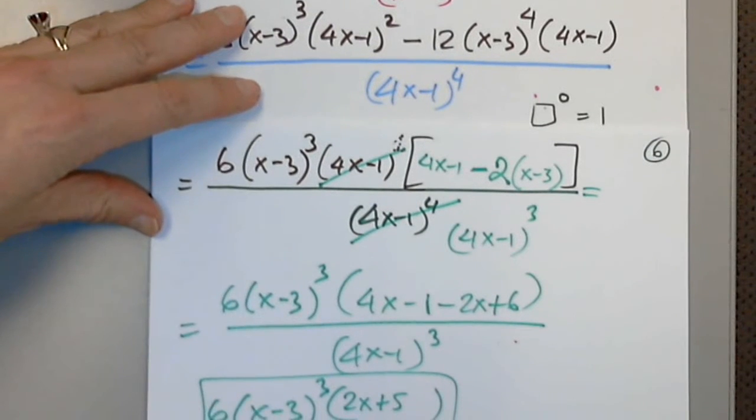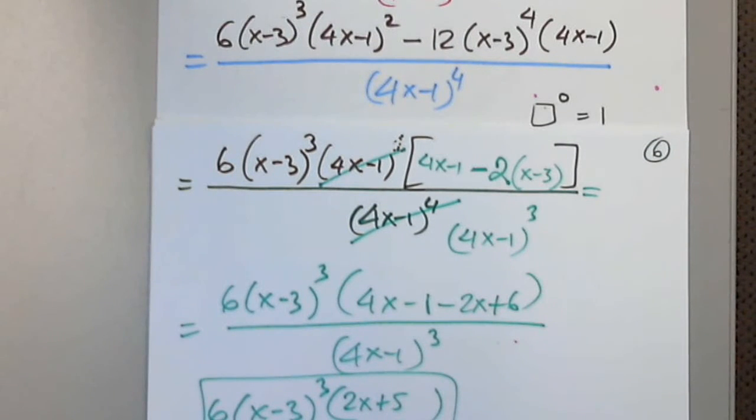So the 4x minus 1 is for 1. Why is it not negative? Yes, that is 1. You have 4 apples and I take 1. Do you have negative 3 apples or positive 3 apples?